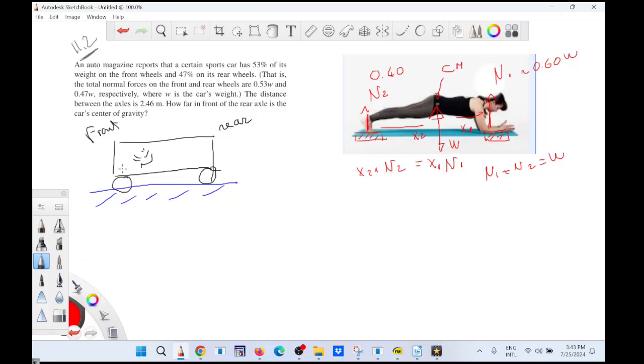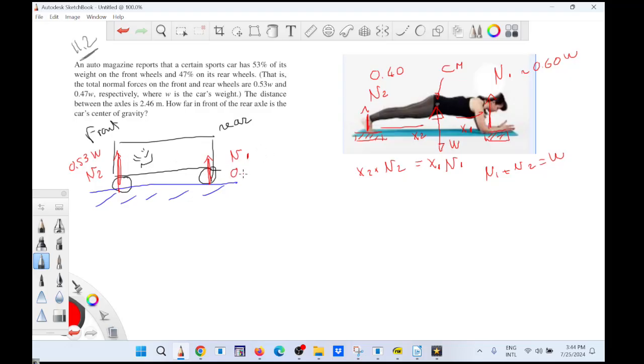Which means that force here will be about 0.53 times the weight. So 53% of the weight is pushing on the ground, so the ground pushes back. So that's the normal force. If you put a bathroom scale, you will read 53% of the weight. And here I'm going to call that N sub 1, and here I'm going to call that N sub 2. So you're going to have more weight here than you have there.